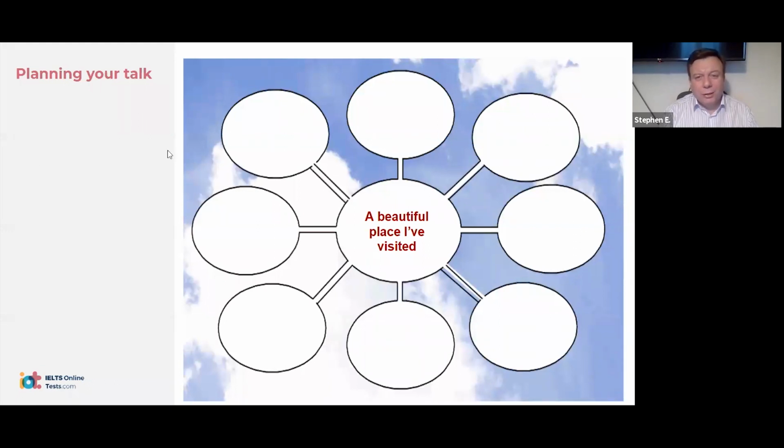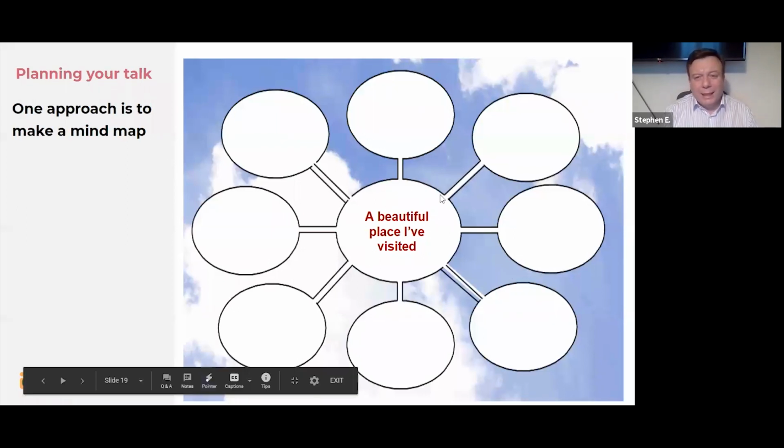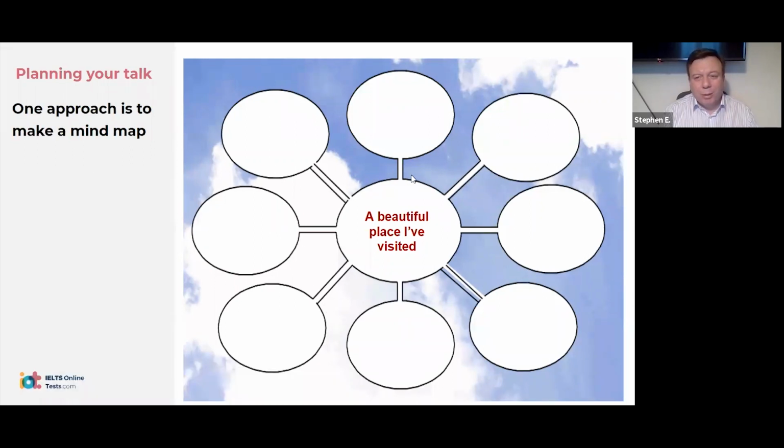So it's one thing you can do to help you prepare. You can put the topic in there and you can have separate bullet points around the main topic. Depending on what you're talking about, you can have 3 to 6 key headings.